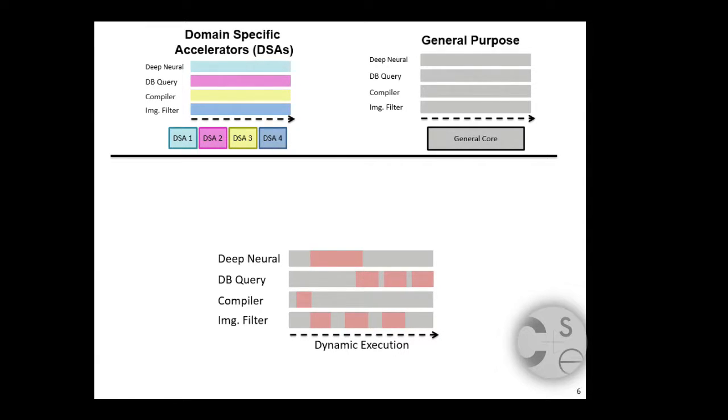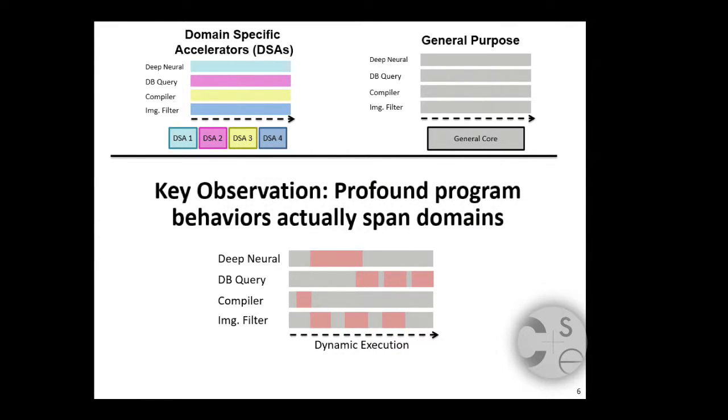And these behaviors can be as broad as memory regularity, control criticality, data parallelism. And the key observation here is that these broad program behaviors actually exist across domains. And this observation leads to the big idea of my talk, which I'm calling behavior specialization.